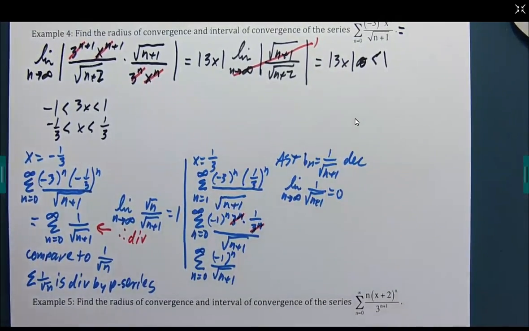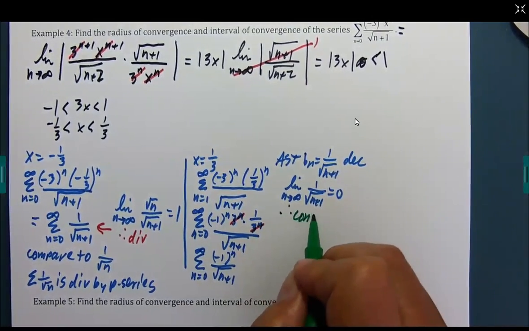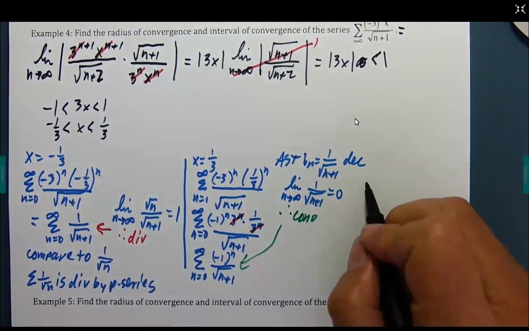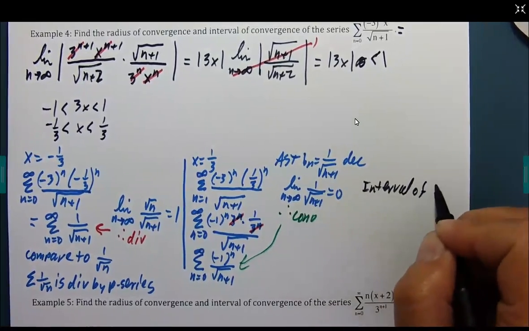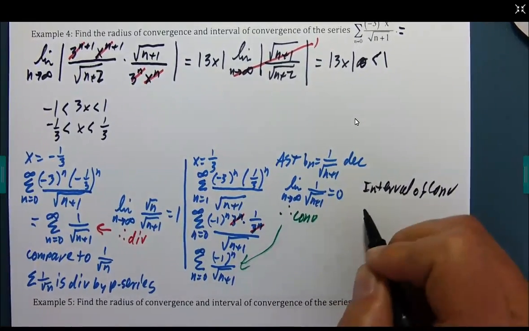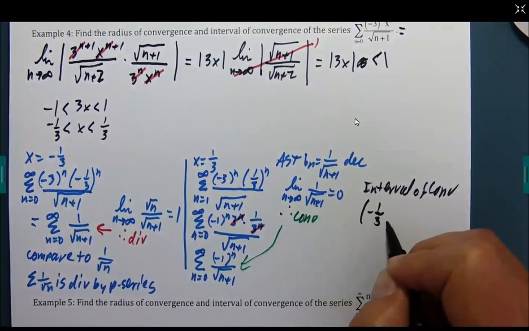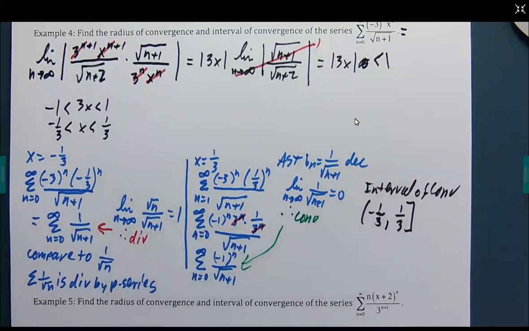Therefore, this is convergent. So what does that mean for us? That means that our interval of convergence is negative 1/3, not including the negative 1/3, to 1/3 where we are including the positive 1/3.